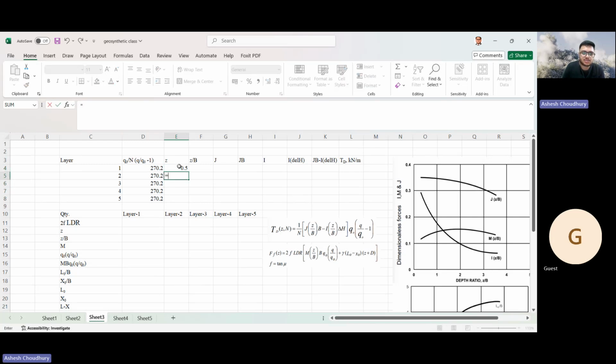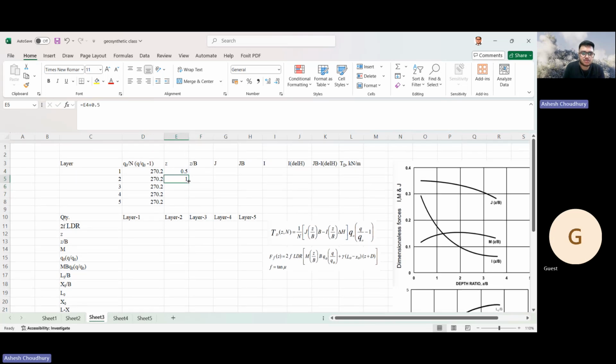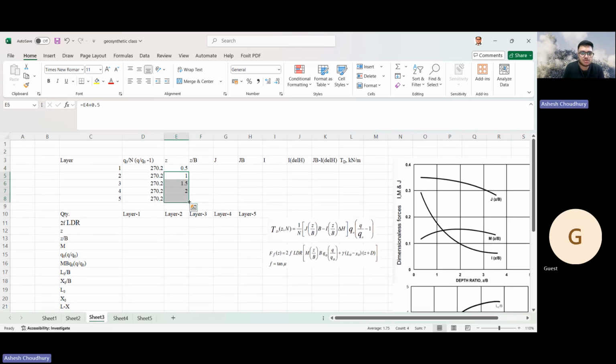That is the spacing we have considered, 0.5. So the depth is added. This is the depth of each layer from the base. Now we have z by B. B we have taken as 1, so z by 1.